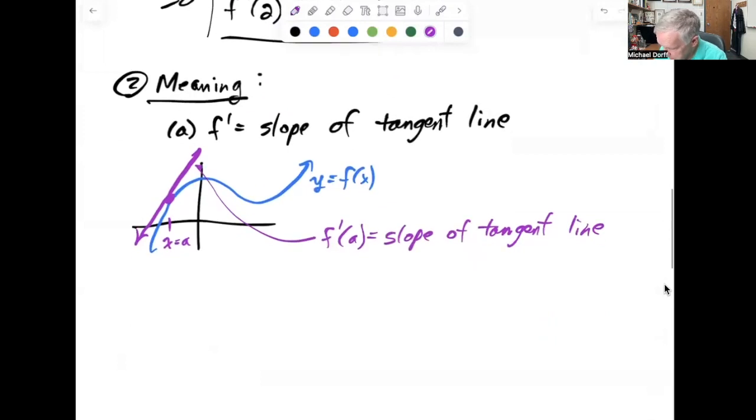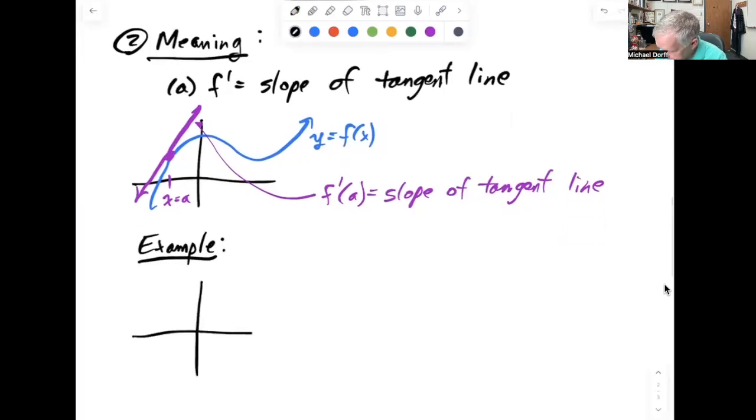To give you an example of how this is sometimes seen in problems, they can give you the graph of a function. Let's suppose here's my graph of my function. I'm going to go like this, and then like this, and then it's going to go like that.